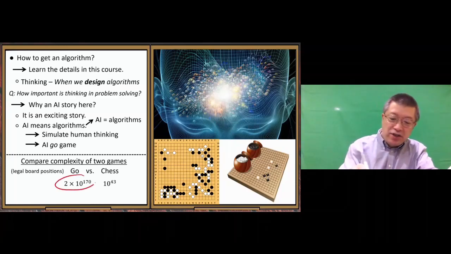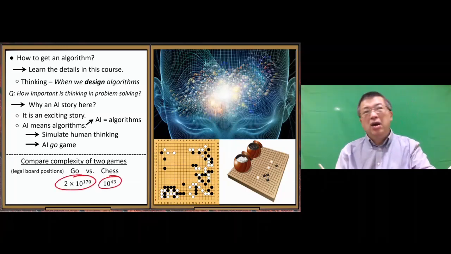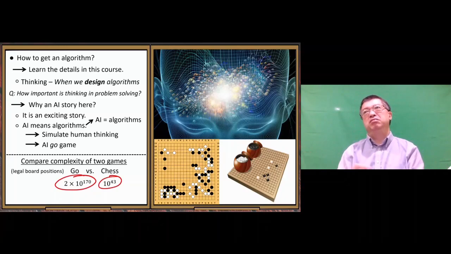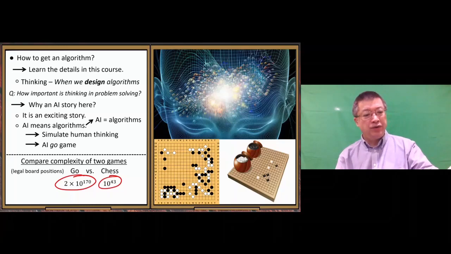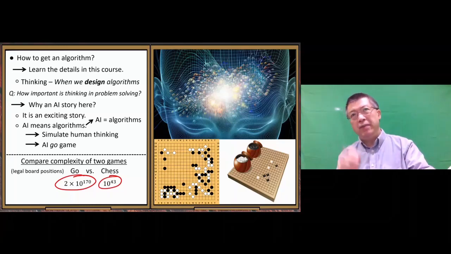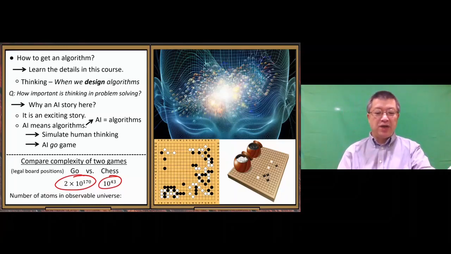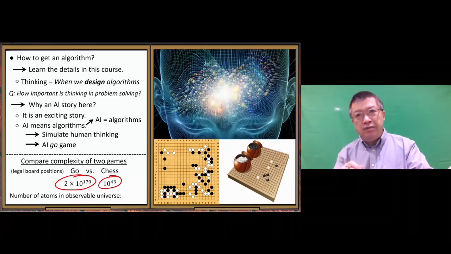Here you see these 2 big numbers, but usually people do not have any sense of how big this number is, because on paper, it is just a representation. How do you feel about this big number? Here I want to use a reference so you can feel it. The reference I use is the number of atoms in the observable universe.